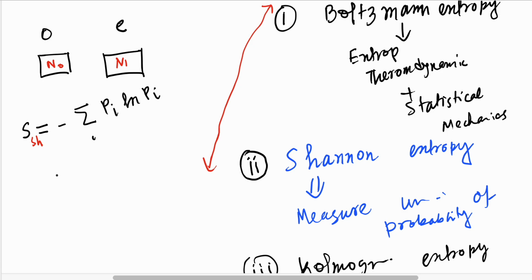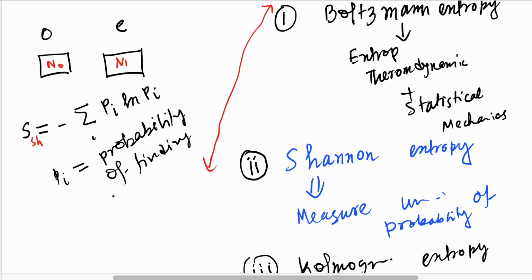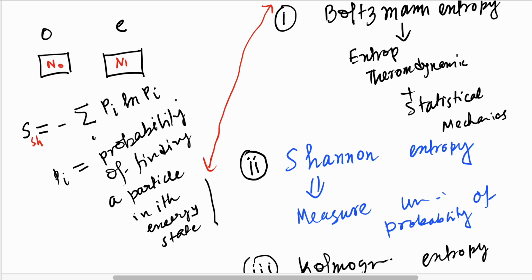What is pi? pi is the probability of finding a particle in the ith energy state.